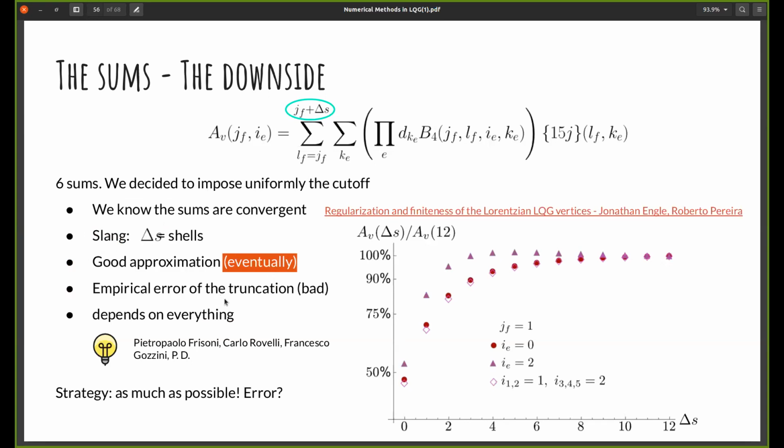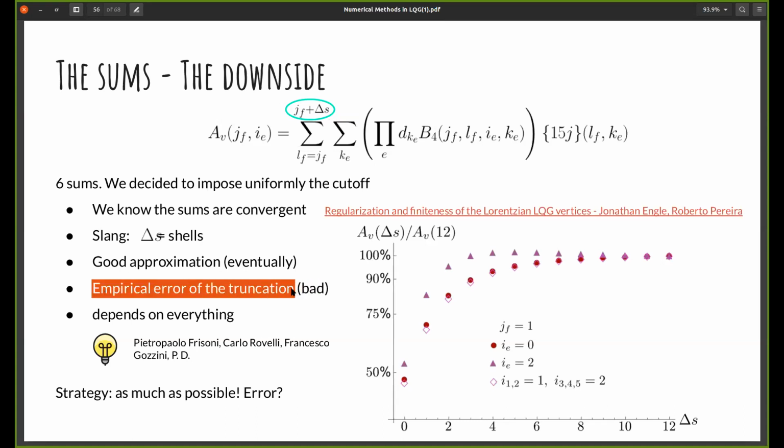Unfortunately, that's the major disadvantage of our technique. We don't know when it is a good approximation. We don't really have control on the error of the truncation, the error that we make by making this truncation. This is a bad part.